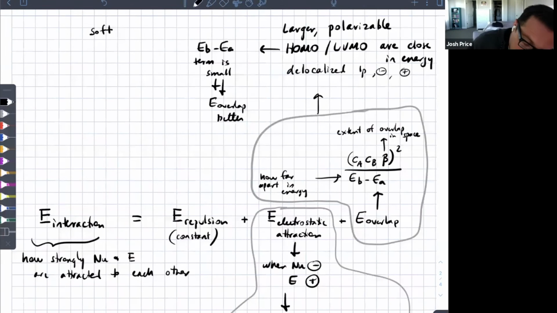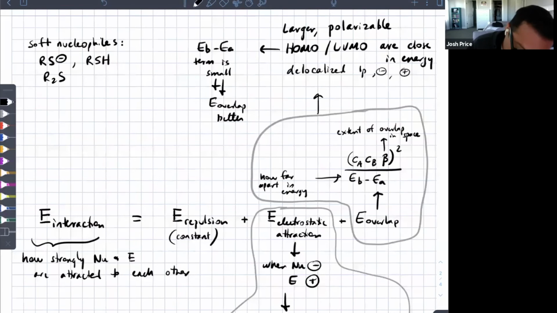Soft nucleophiles or soft Lewis bases. Let me give you some examples of that. So these are all going to be larger versions of those second row nucleophiles. For example, thiolates, negatively charged thiols, actually neutral thiols and thioethers work as soft nucleophiles.